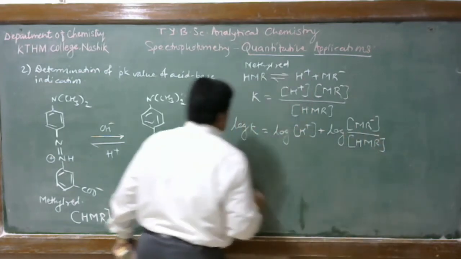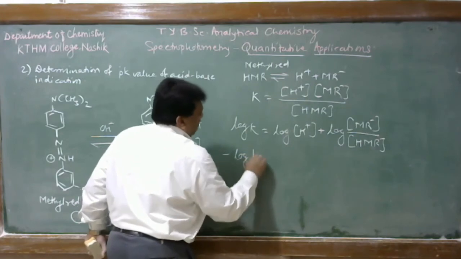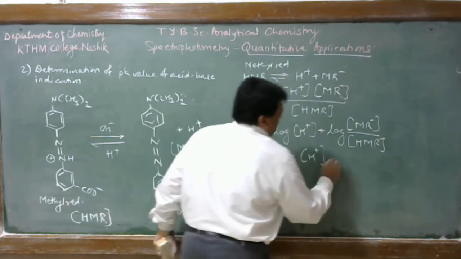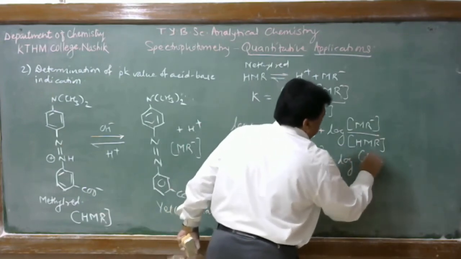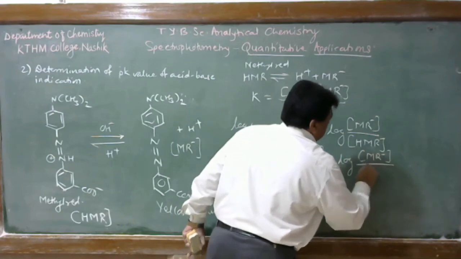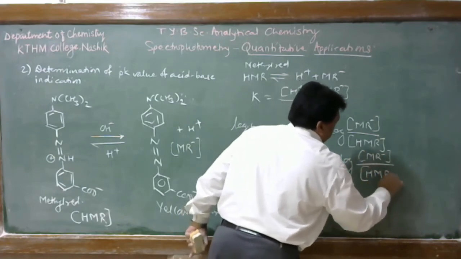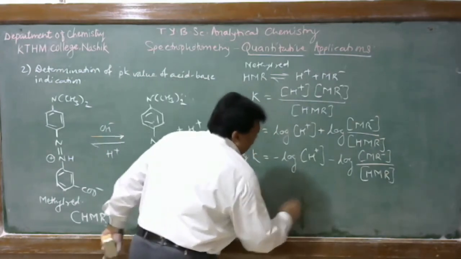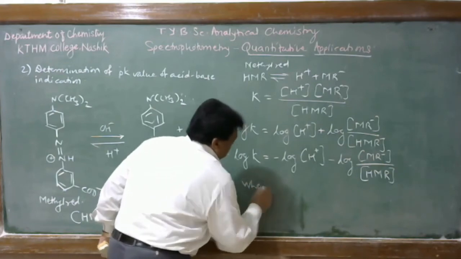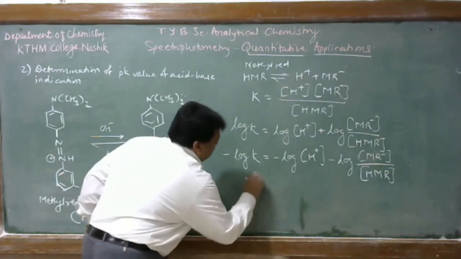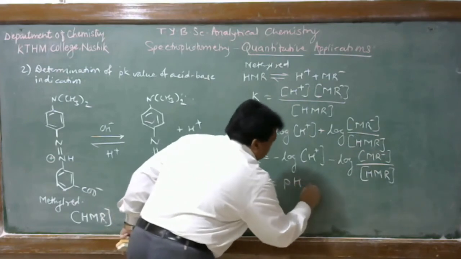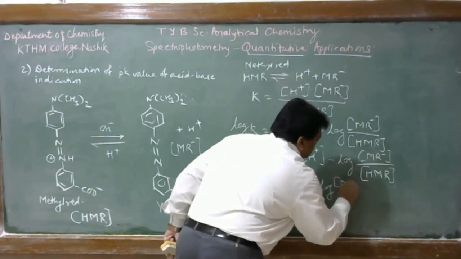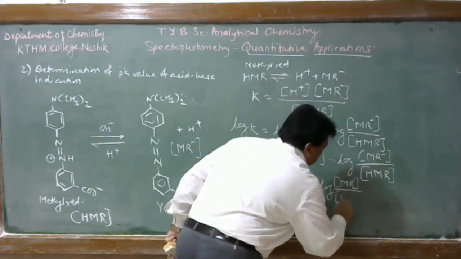Multiplying with minus 1, minus log K is equal to minus log of H plus ion concentration to the base 10 minus log of Mr minus concentration upon HMr. Now we know that this is equal to pKa and this is equal to pH, so pH equals pKa plus log of Mr minus upon HMr.